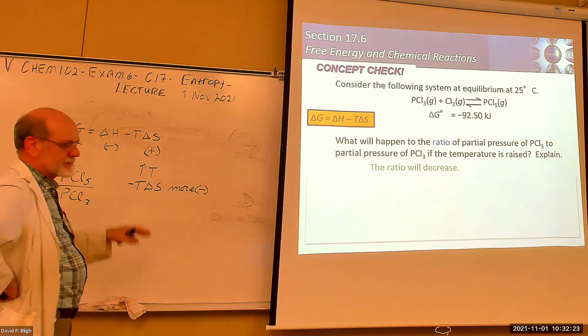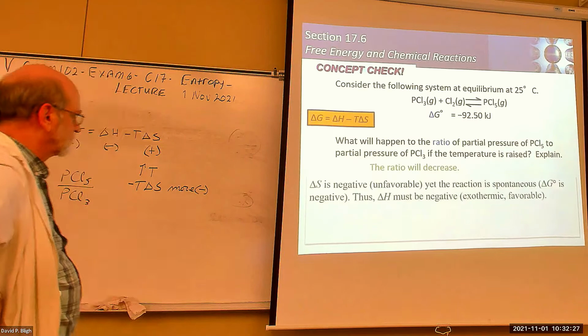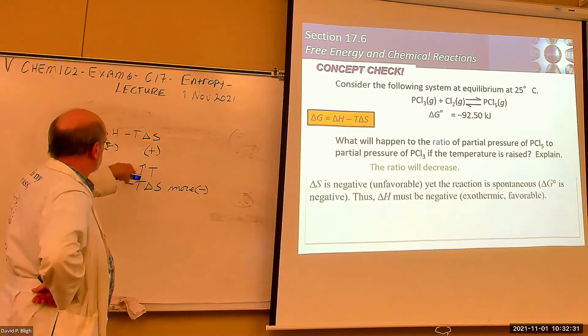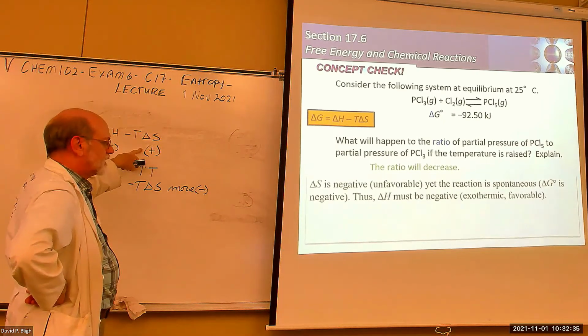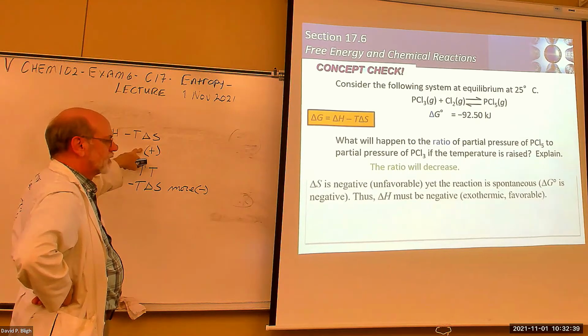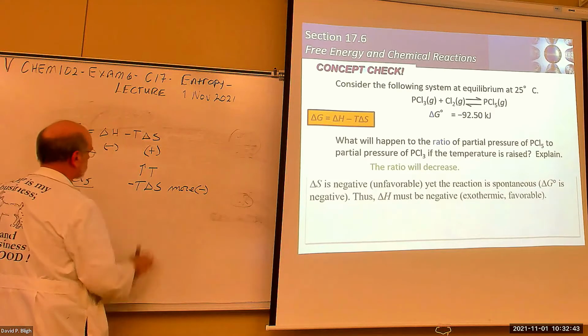I just read the giant explanation that pops up after. Oh, okay. There's still more to it. Delta S is negative. Delta S is negative. Yeah, it becomes more ordered. That's my mistake.